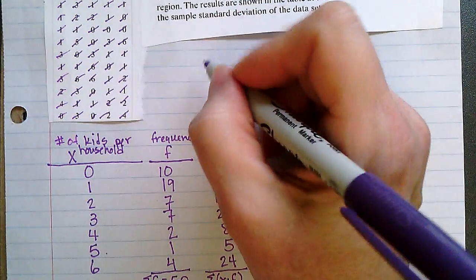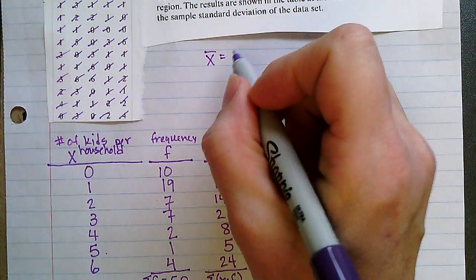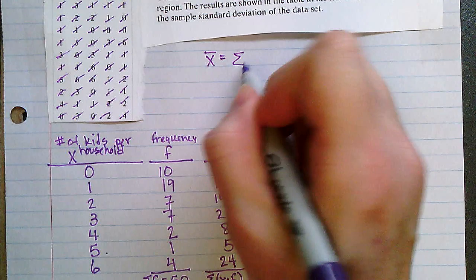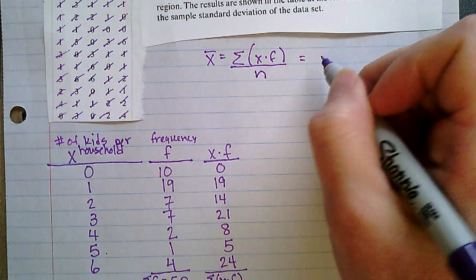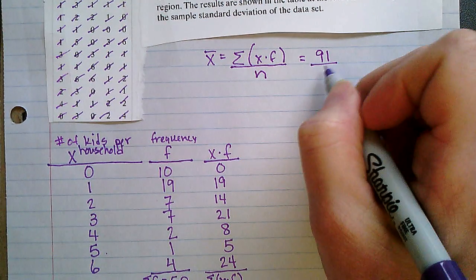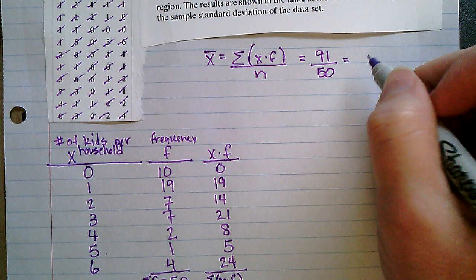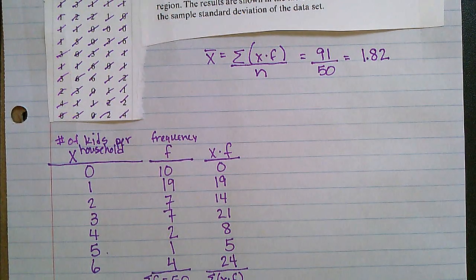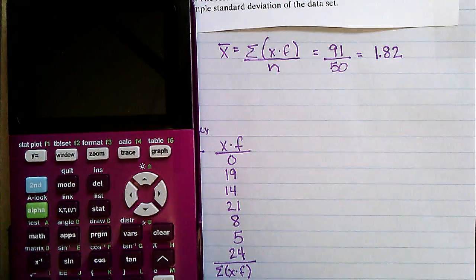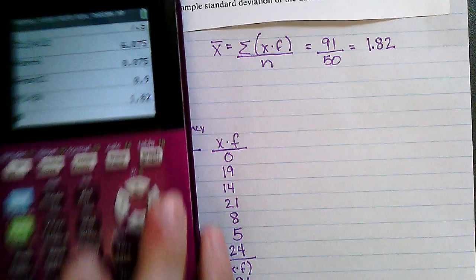So the mean x bar is going to be, that formula says, the sum of x times f divided by n. So I had 91 divided by 50, which is 1.82. Let's see. I think that comes out to be exactly that. Yes, 1.82.